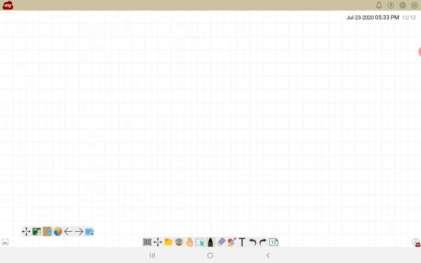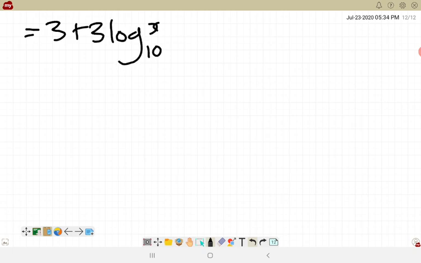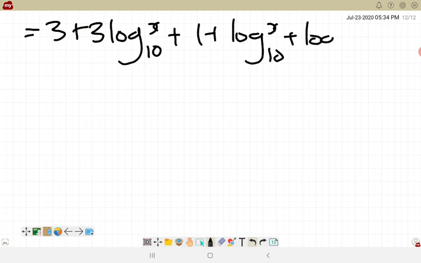So this is going to give us 3 plus 3 log x base 10 plus, when you open the bracket, 1 plus log x base 10 plus log x base 10 plus log x squared base 10.